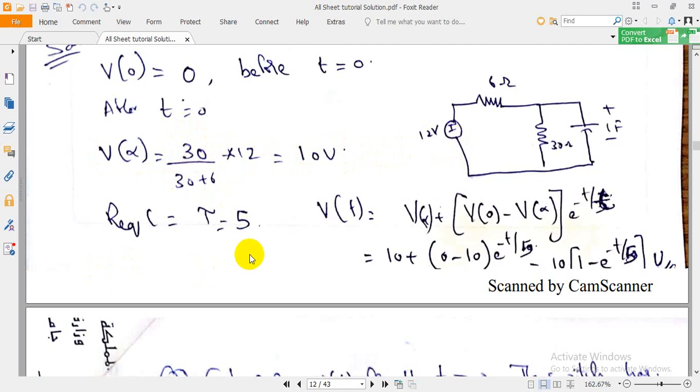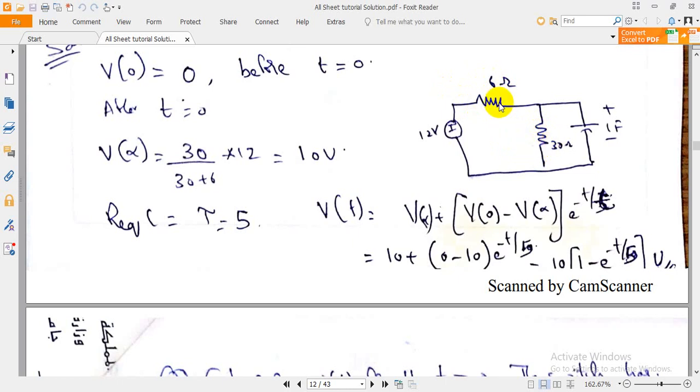And how to get RC? RC is 5. To find RC, the source will be short circuited and these two, 6 and 30, will be in parallel. Find the equivalent of the parallel: 6 into 30 by 6 plus 30.